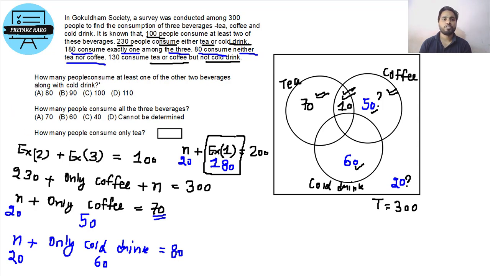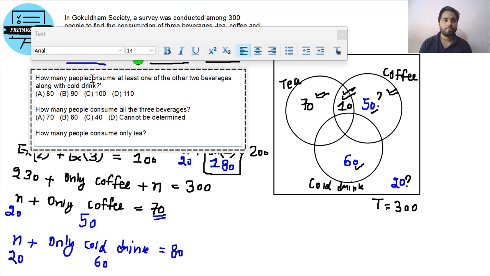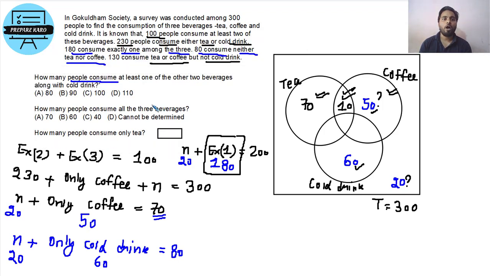Now, come to the questions. First question says, how many people consume at least one of the other two beverages along with cold drink? This question is asking for those people who are already consuming cold drink but consume at least one other beverage.